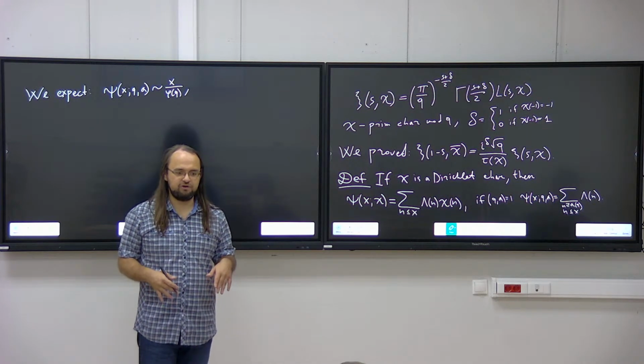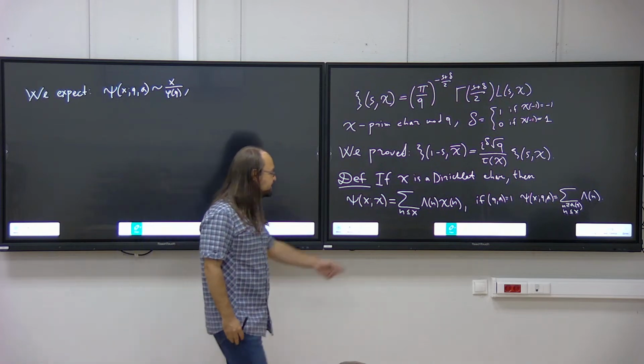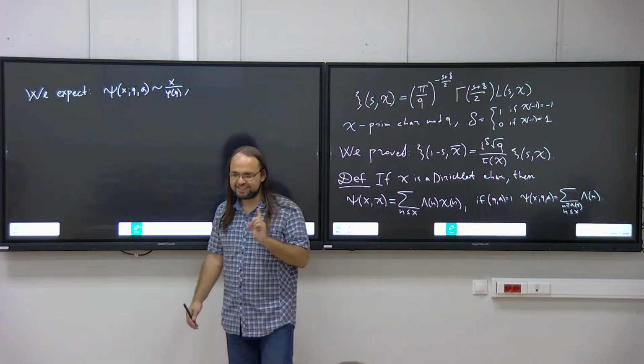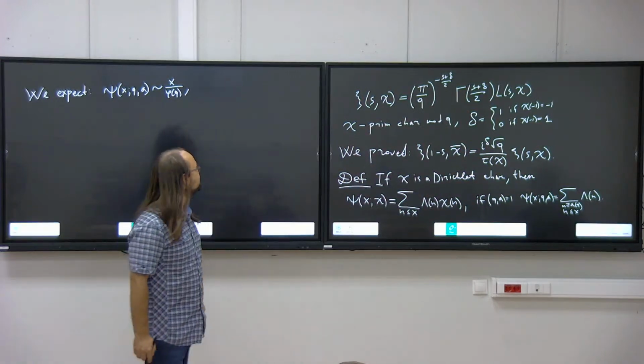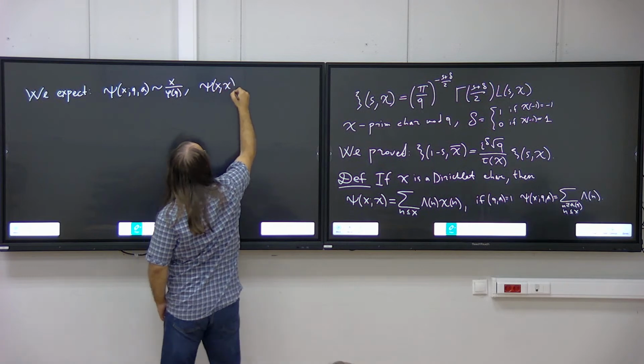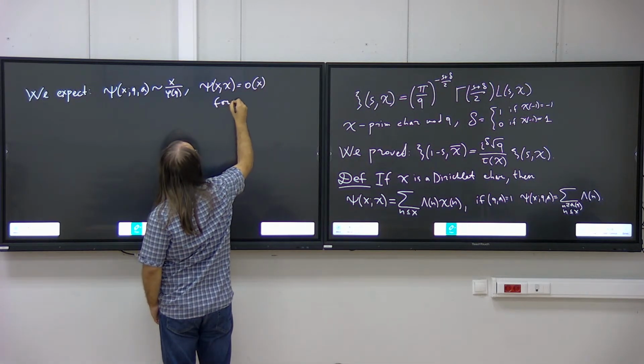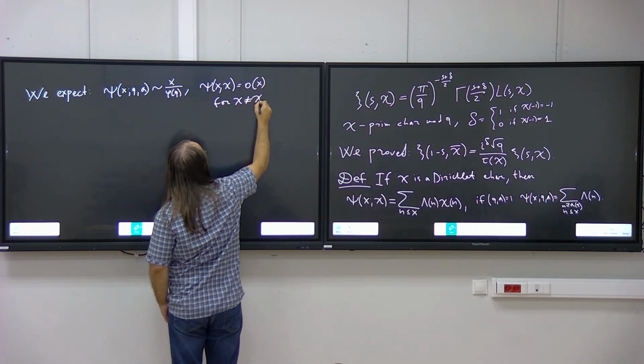So the average of chi is obviously equal to 0, and lambda kind of behaves like a unity, so we should expect that psi of x, chi is little o of x for chi non-principal, right?